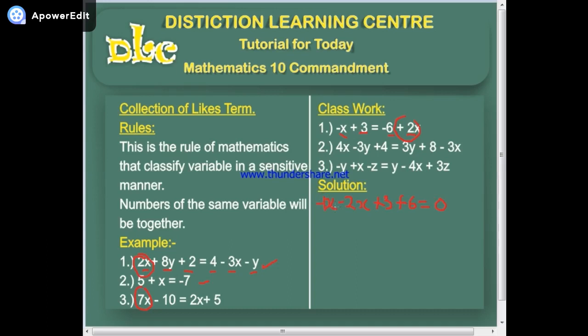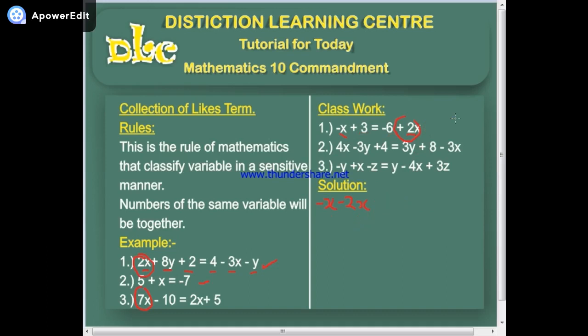That is minus 1 minus 2, that is minus 3. So you now join the x to it. And plus 3 plus 6 will give you plus 9. Plus 9 equal to 0. So that is the solution for question 1. Now, let's move to question 2.